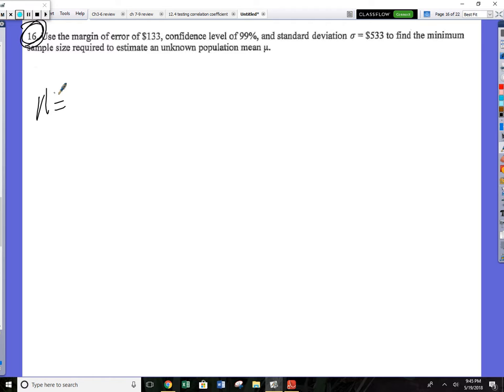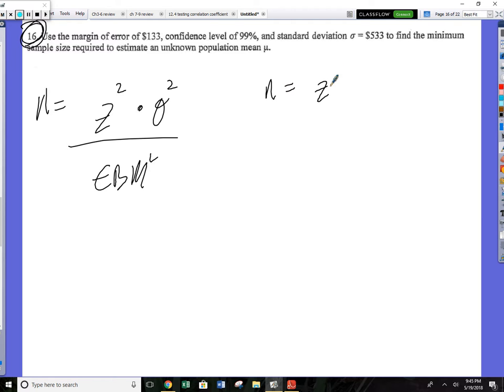To find n, you take your z-score squared times sigma squared, divide that by your error-bound margin squared. And we have two of the three. N equals, we don't know the z-score, but we do know sigma is 533 squared, and we do know our margin of error is 133 squared.